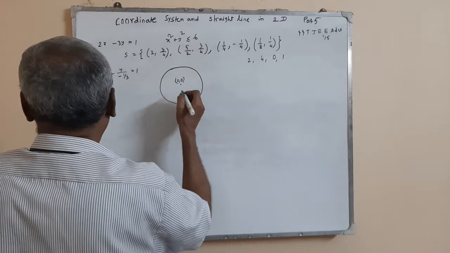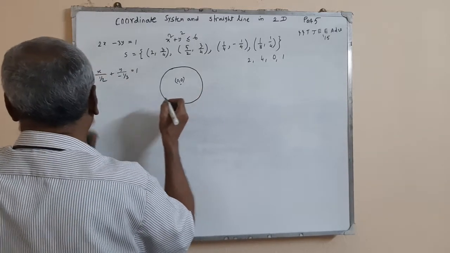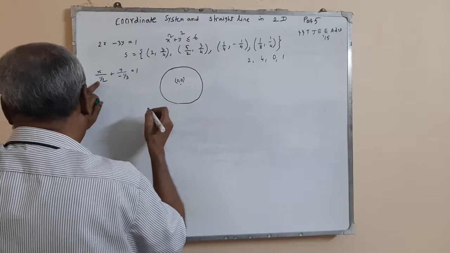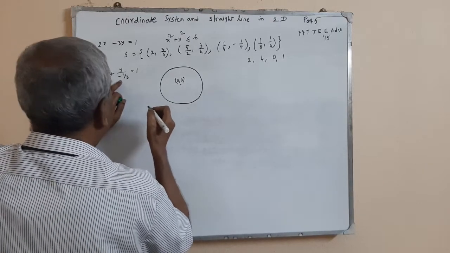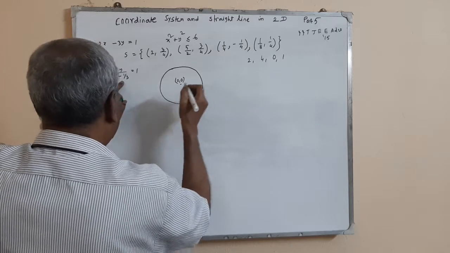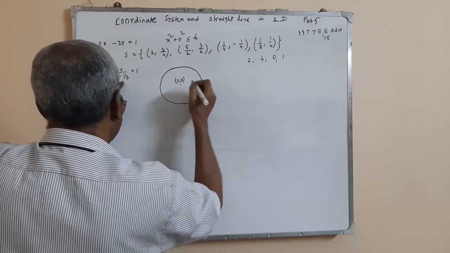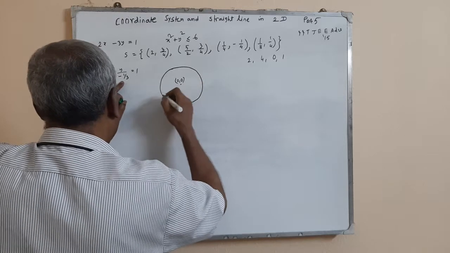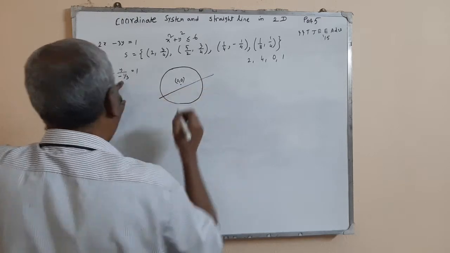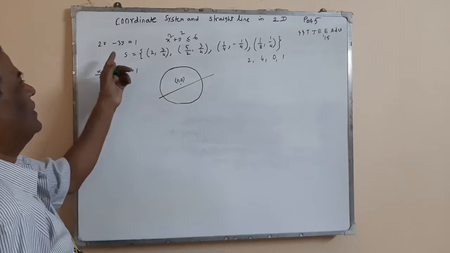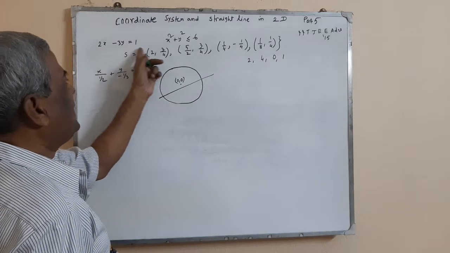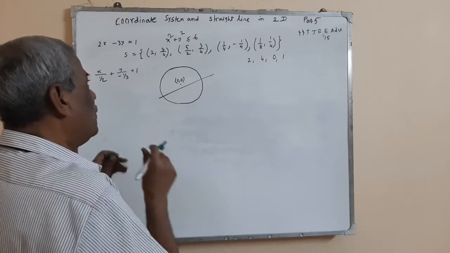So it meets the x-axis at positive 1 by 2 and the y-axis at minus 1 by 3, so it is of this type. So this straight line is that straight line.